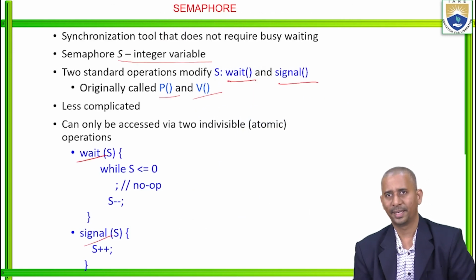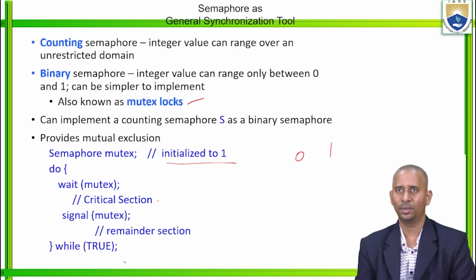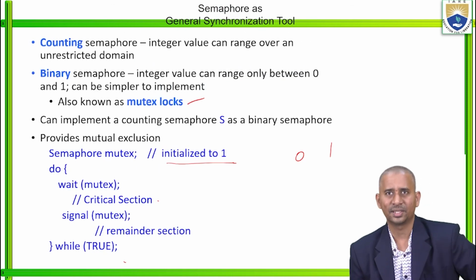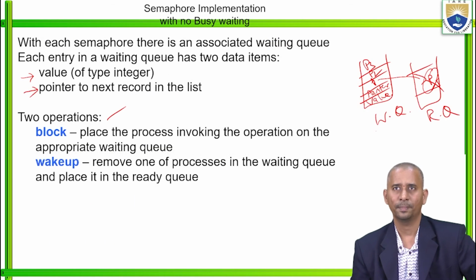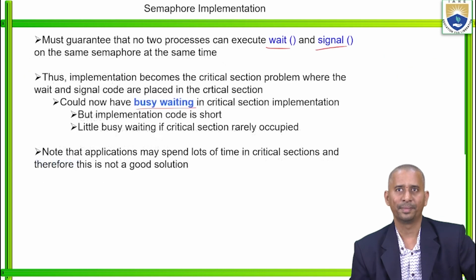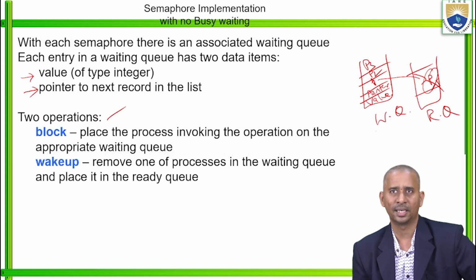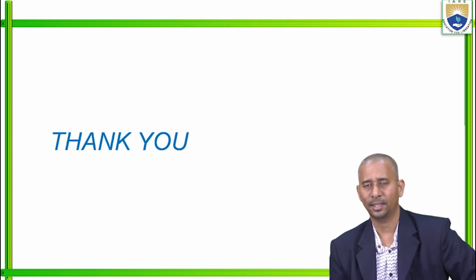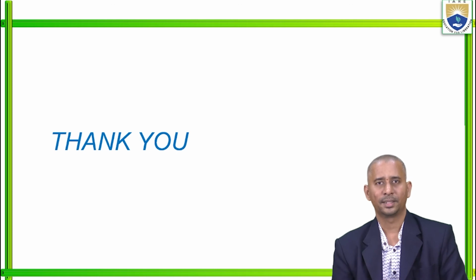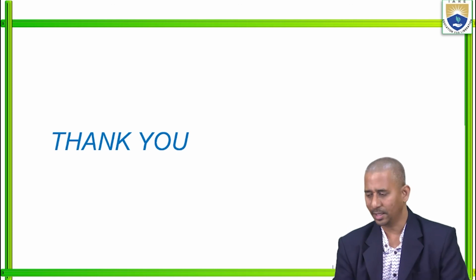What is meant by semaphore, the various operations of semaphores, the various categories of semaphores, and how we implement a semaphore, with no busy waiting, using the two operations block and wake up. With this, I conclude this part of process synchronization.